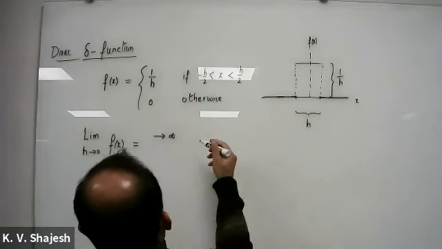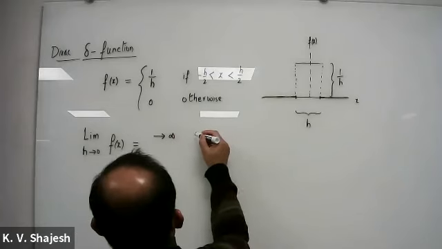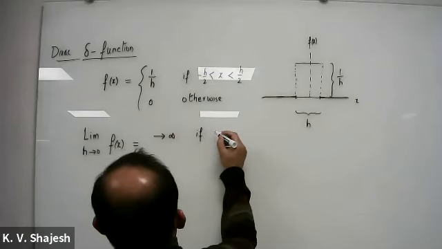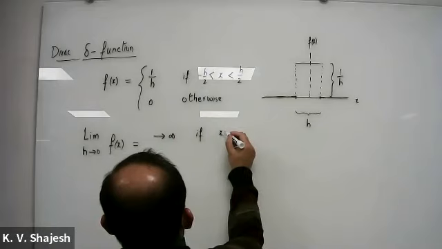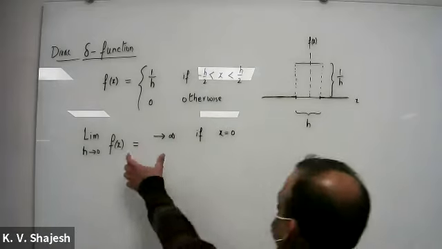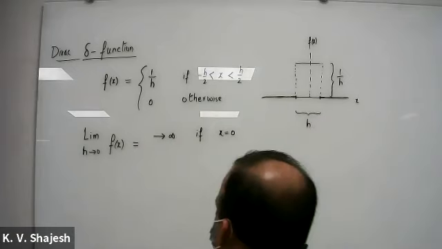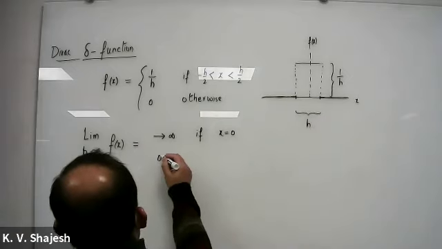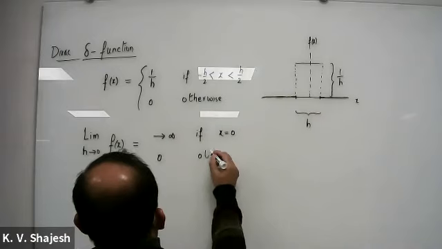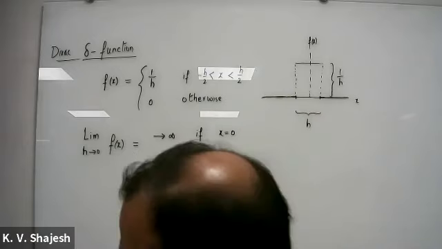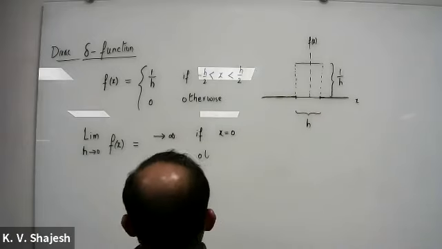And this says now, if x is not equal to 0, or if x is equal to 0, right? As you reduce this h, the only point that remains is x equal to 0, and it's equal to 0 otherwise. Or now we can say it's x not equal to 0.